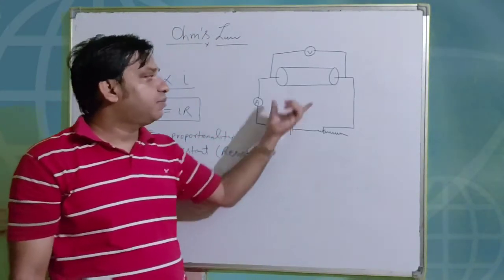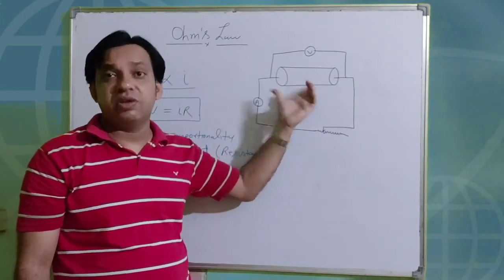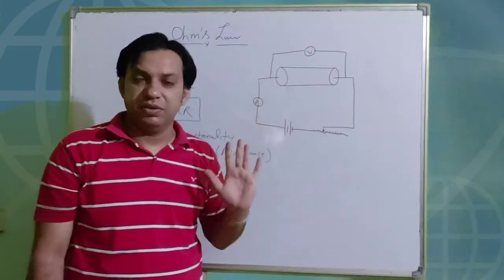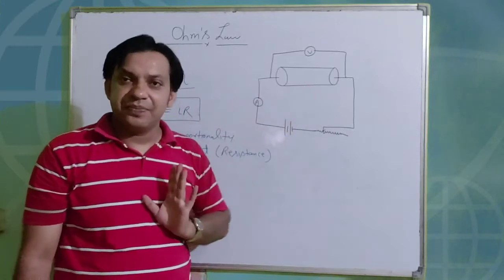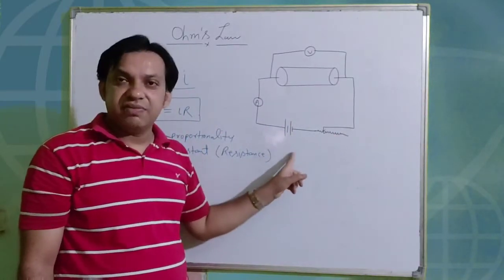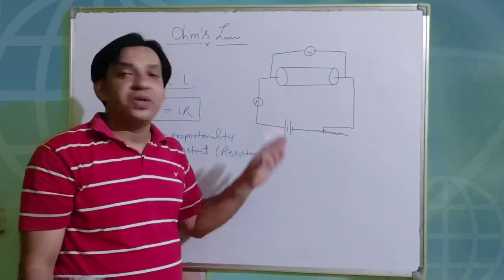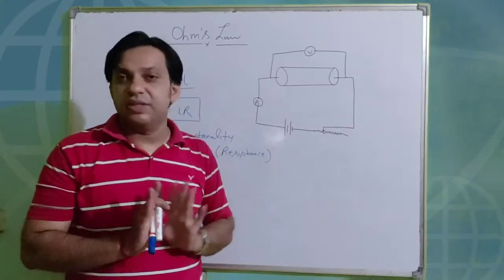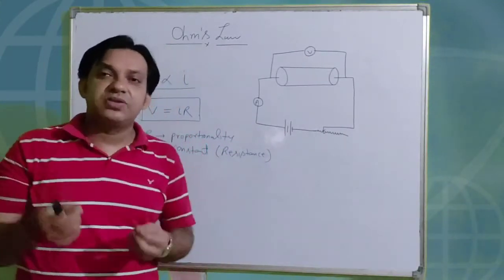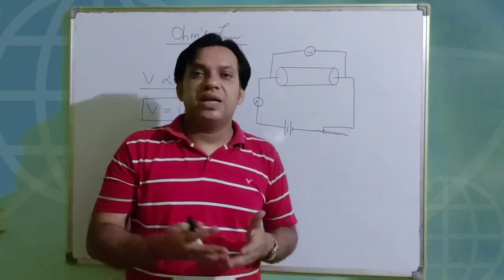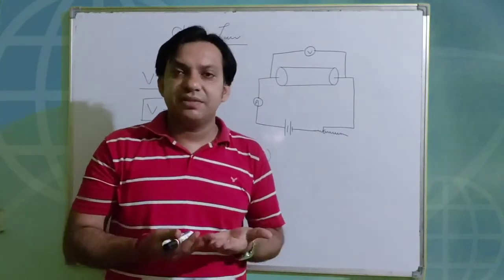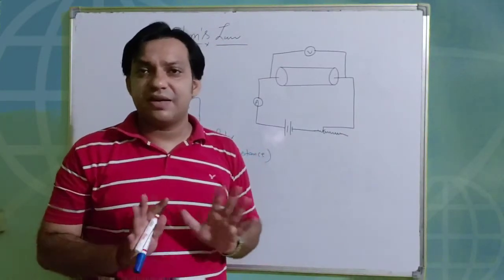Suppose you are applying the potential difference across this conductor, you are forcing the charges to move. Initially the charges are stationary, but because of this potential difference or this external source, you are forcing the electrons to move in a certain direction. So if the electrons are moving, they will start to oppose the state change because initially the charges are at rest.